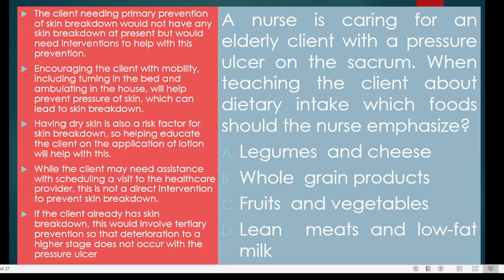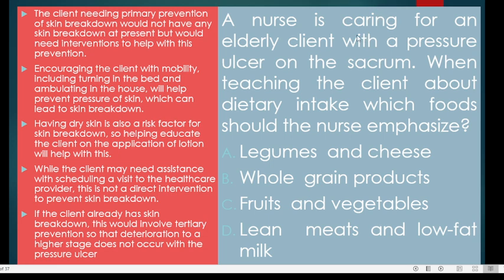Having dry skin is also a risk factor for skin breakdown, so educating the client on application of lotion will help with this. While the client may need assistance with scheduling a visit to the healthcare provider, this is not a direct intervention to prevent skin breakdown. If the patient already has a skin breakdown, this will involve tertiary prevention, so deterioration to a higher stage does not occur. Okay?